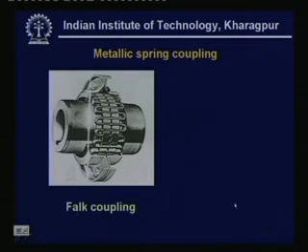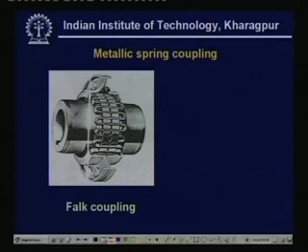Now let us come to another kind of coupling which is known as metallic spring coupling. Here what you see is the two shafts, and this is connected by coupling.